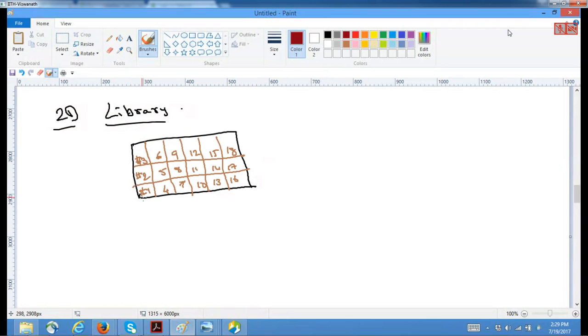Similarly, I can discretize my nodes as these things. These are my nodes.